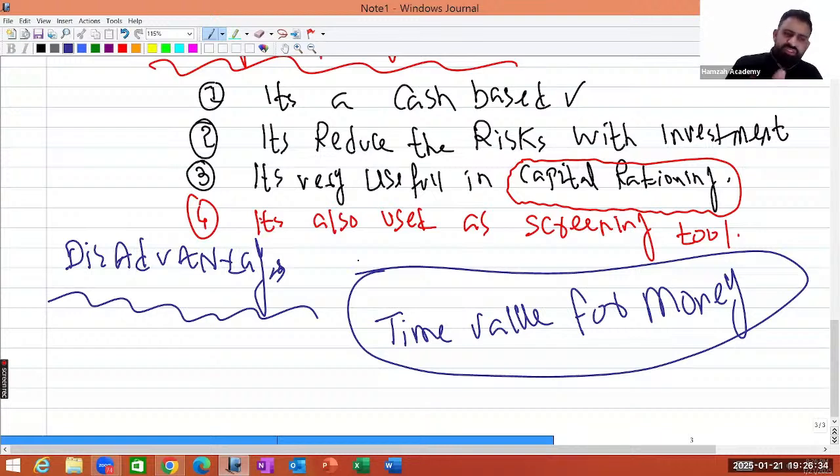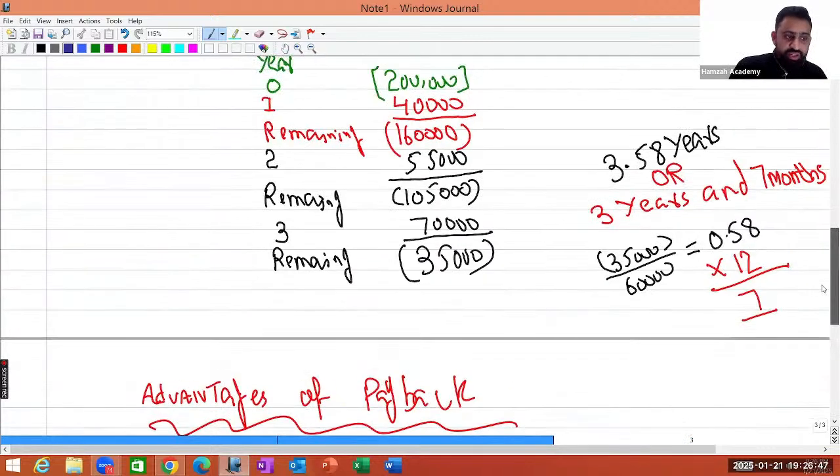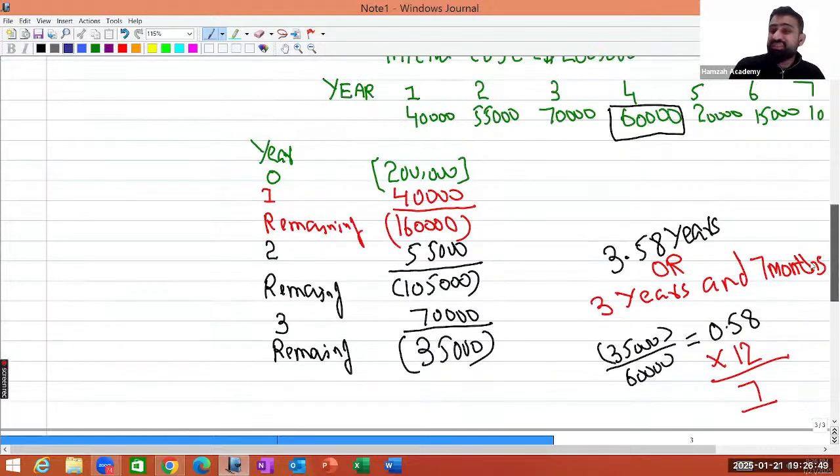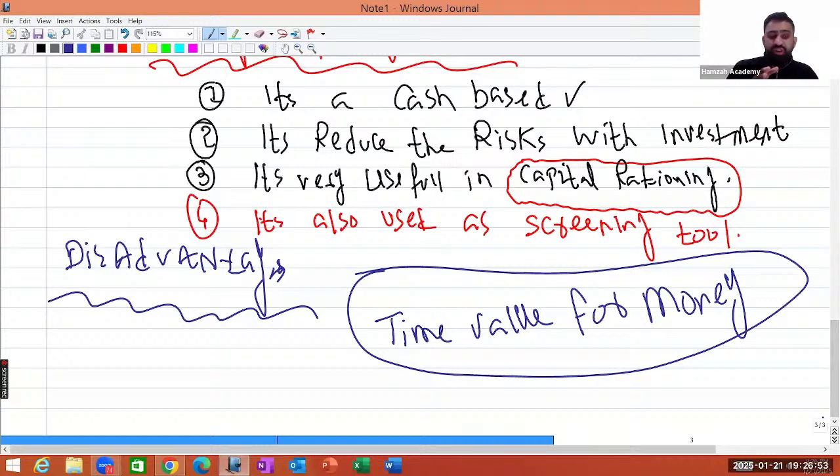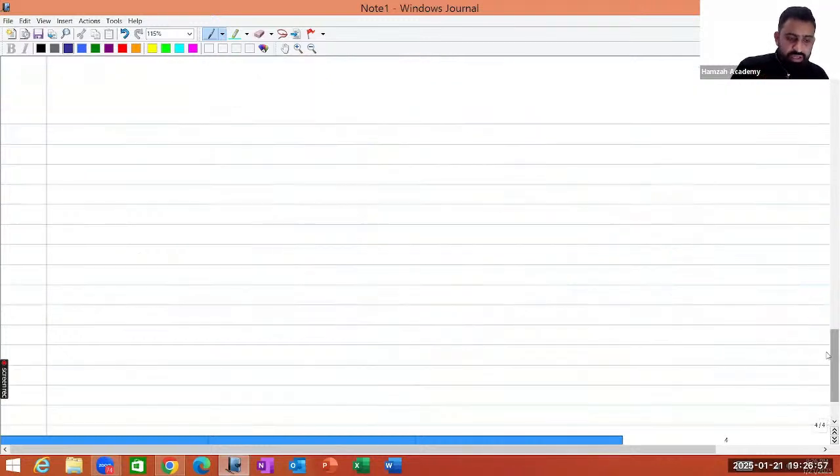The payback which we have discussed does not consider the time value for money. It does not discount the cash flow. It does not consider the present value of the cash flow. Like in my example, I took the cash flows at a future value. I didn't discount these cash flows to the present value. So this payback period is not considering the time value for money.